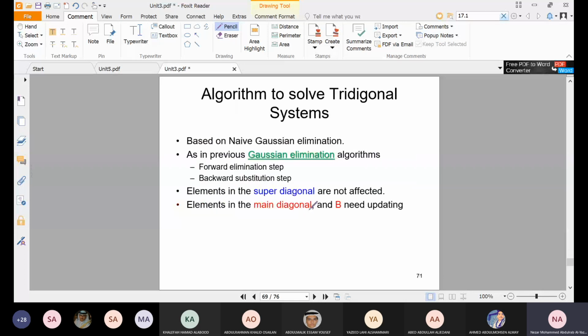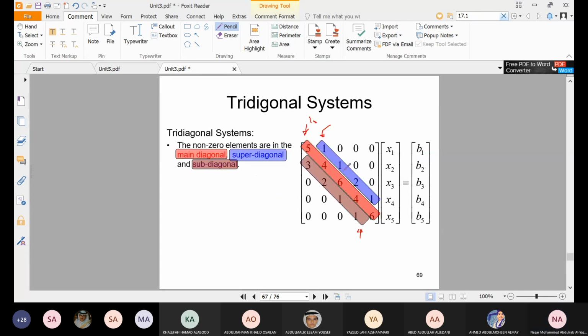Based on naive elimination, we do forward elimination and back substitution. But here the super diagonal will not be affected by the elimination, and only the elements in the main row and the B's will update.